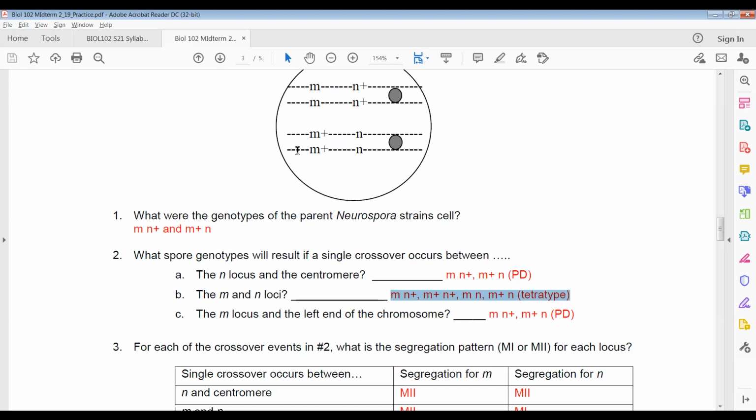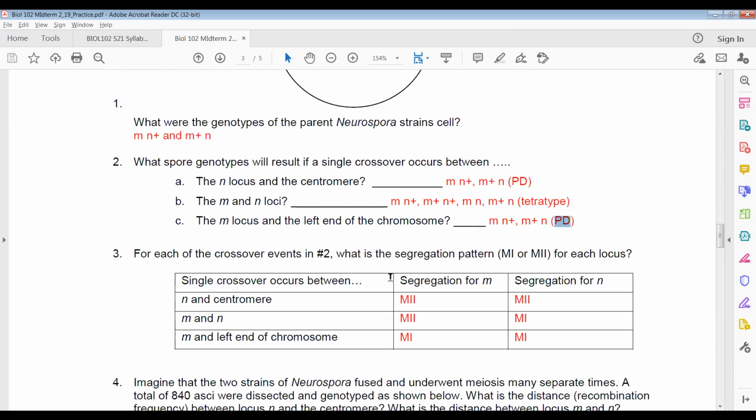And if there's a single crossover occurring in this region on the left side of the M gene, this is totally irrelevant to the M and the centromere, right? So you do not see any changes in terms of the relationship between M, N, and centromere. So it still gives you the parental type.